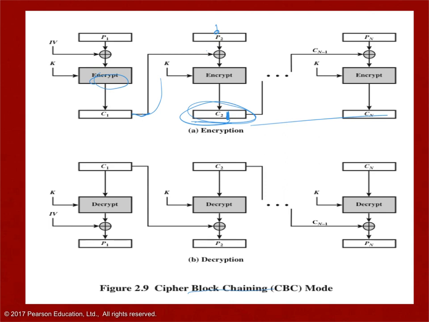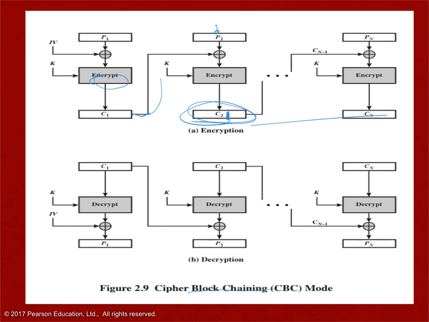So if there is one error in one of the cipher texts, it actually propagates. You will see that in the assignment. So in cipher block chaining, the objective is to strengthen the security, not to strengthen the error tolerance.